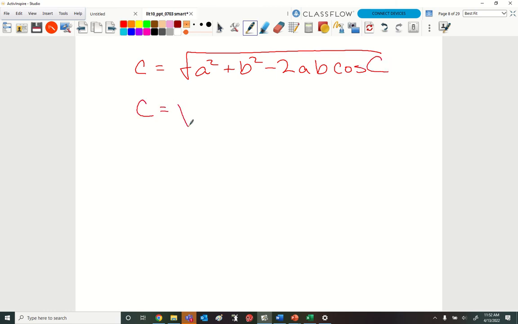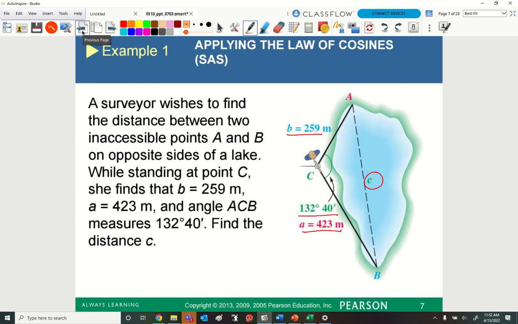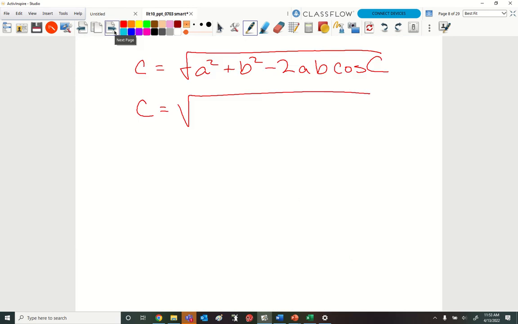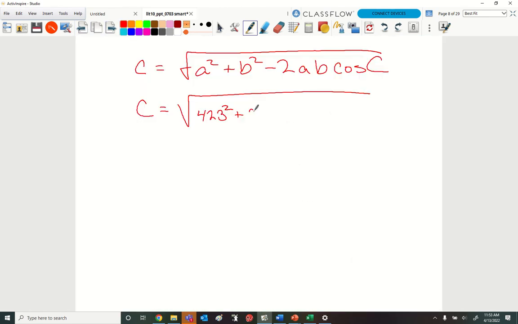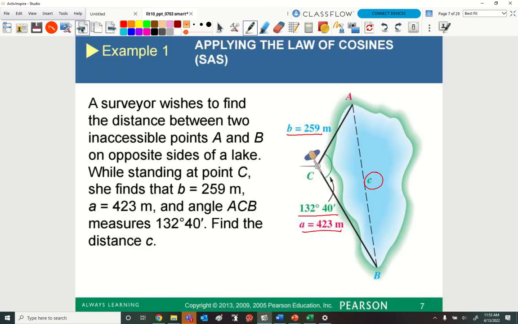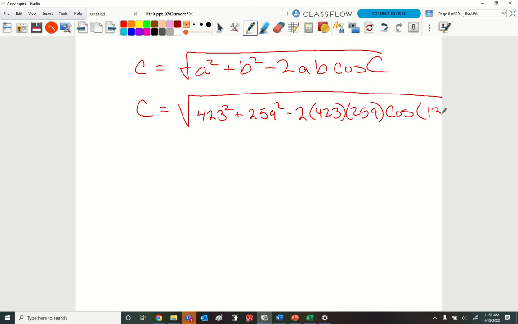Little c is equal to the square root of, a is 423 plus b, which is 259, minus 2 times 423 times 259, times cosine of my angle, which is 132 degrees, 40 minutes.